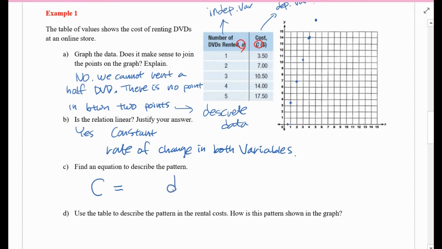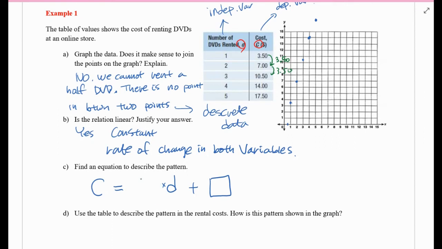You need two numbers. One number multiplied by the independent variable, added to it. What you have to look at is the one number this is increased by. 3.50. So you have to write down 3.50 here in the first blank.